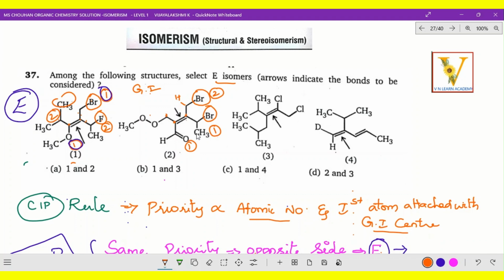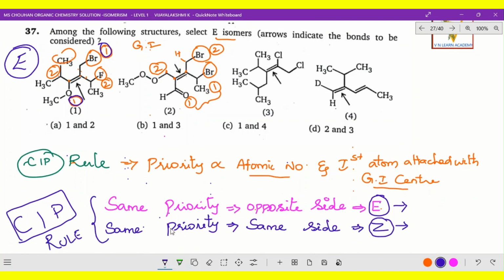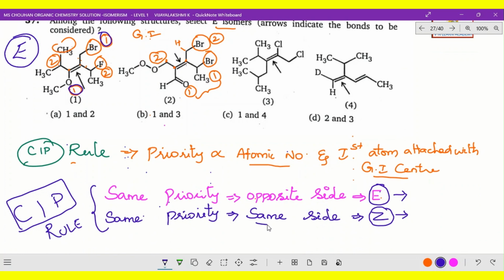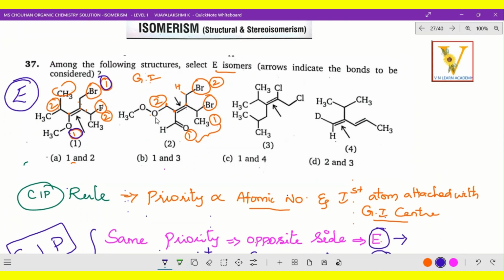So which atom is first attached to that Gi, that is only important. So this is priority 2. Both are on the same side. Now you see one down and two on top. This means same priority on the same side, that is Z isomer. So this second compound is Z.